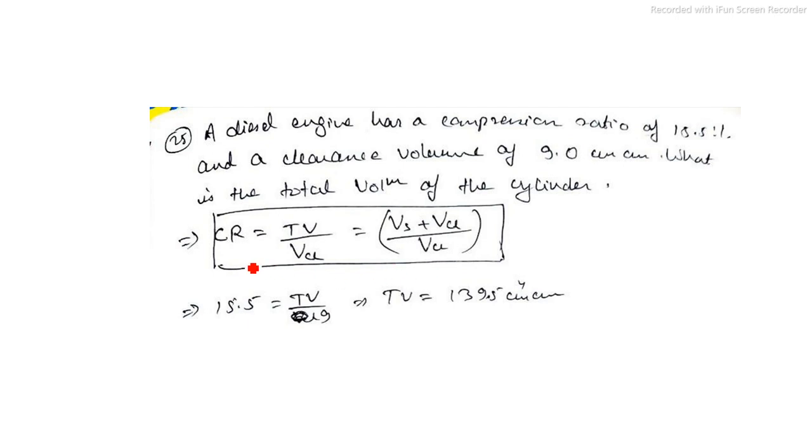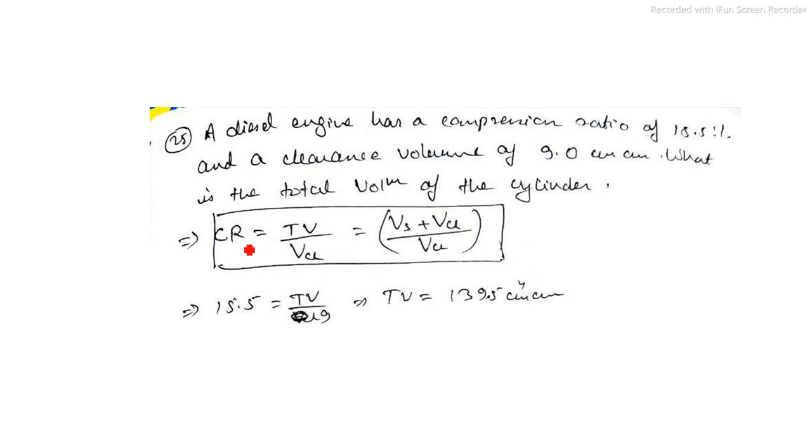Sorry, I just read it wrong, this is not the formula for the clearance volume, this is the formula for compression ratio. The formula for compression ratio is total volume by clearance volume, and the total volume is given by swept volume plus clearance volume. So just remember this formula, it can be helpful in other questions as well.